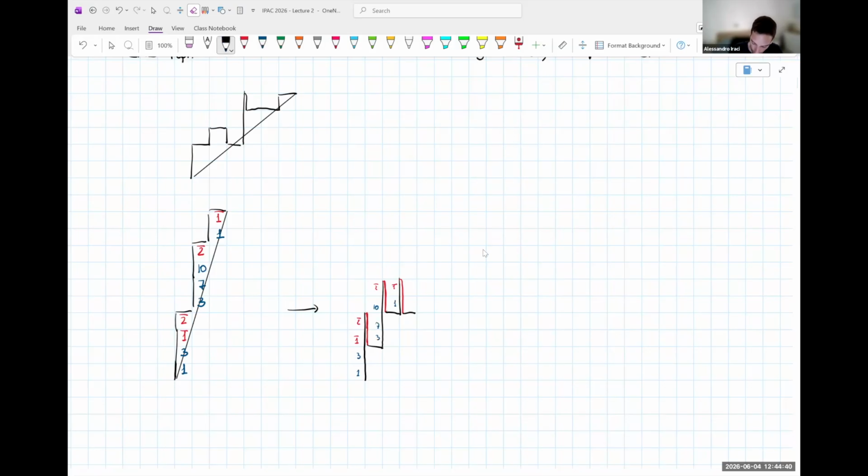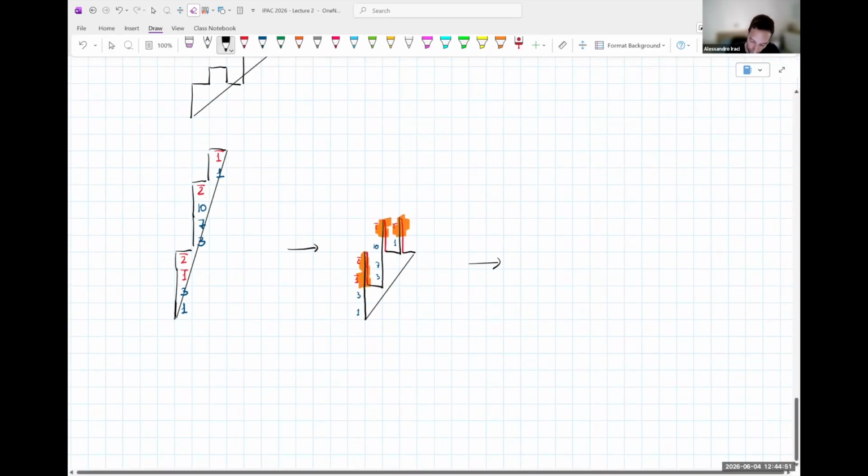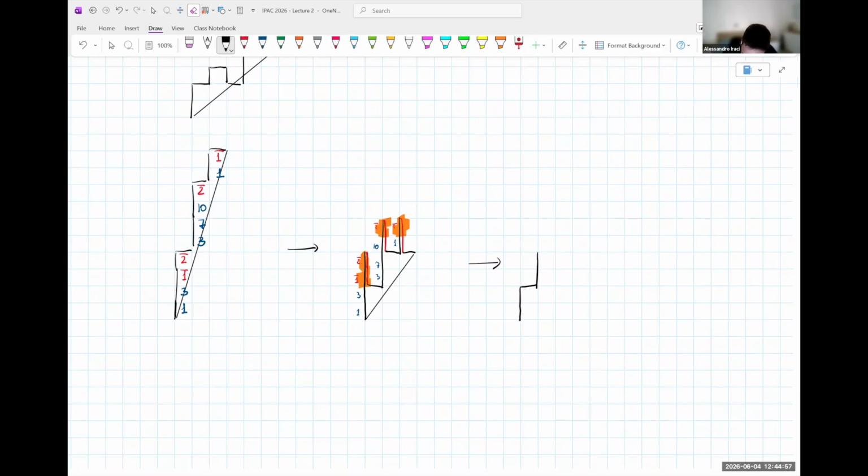Okay. And then we get rid of the red labels, possibly with the corresponding subset. So what we get is this thing here. And of course, this is not bijective because we're losing the information given by the red labels.